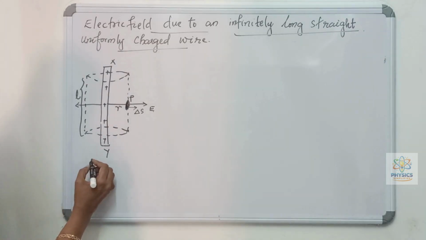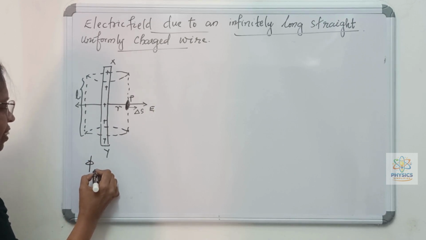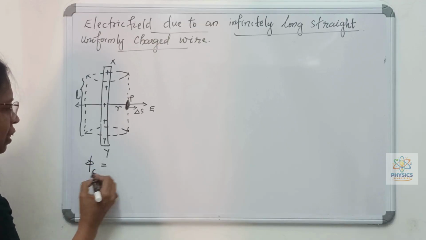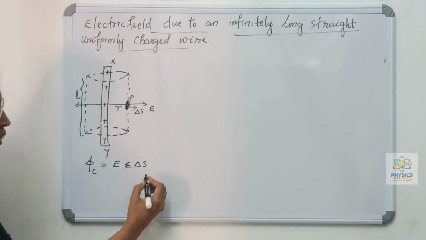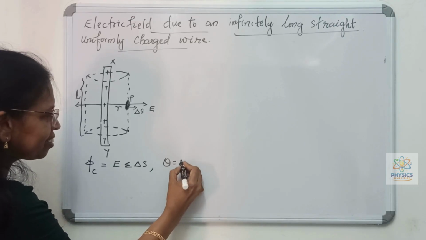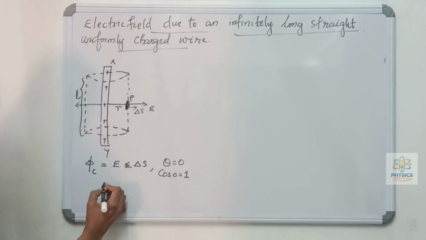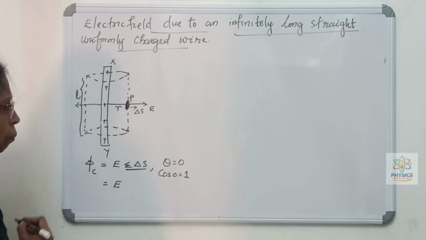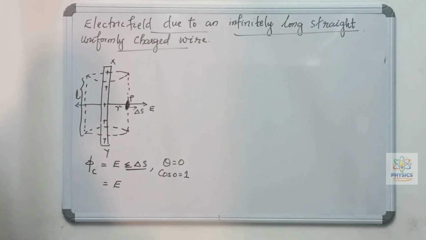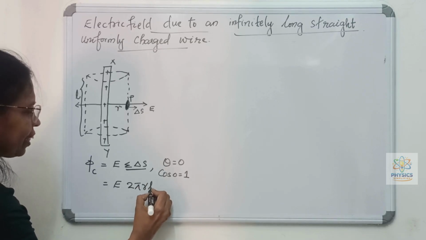Therefore, the electric flux through the curved surface of the cylinder is equal to E into sigma delta S. Here you can note the value theta is equal to 0, cos 0 is equal to 1. And E into sigma delta S represents the curved surface area of a cylinder. The curved surface area of a cylinder is 2 pi R L.